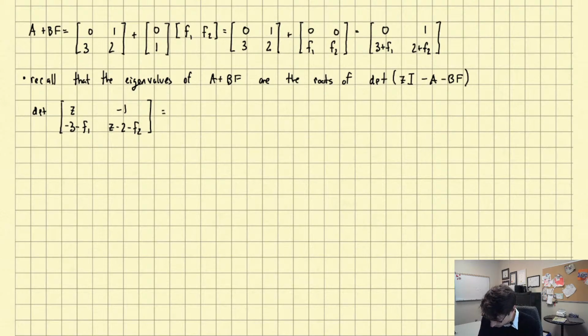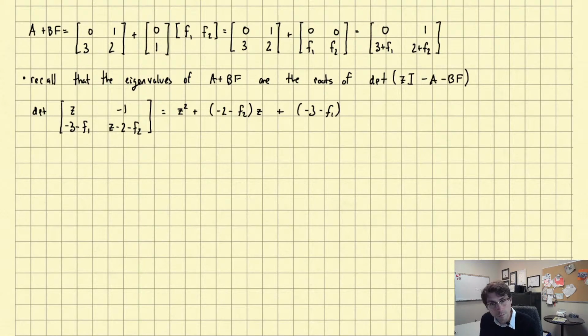Calculate this all out, and you will get z squared plus (negative 2 minus f2) z plus (negative 3 minus f1). Okay. So that's just straightforward calculations.